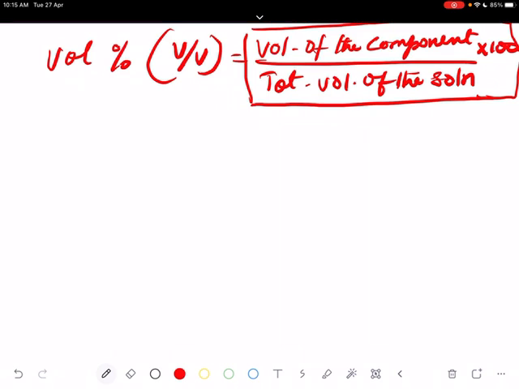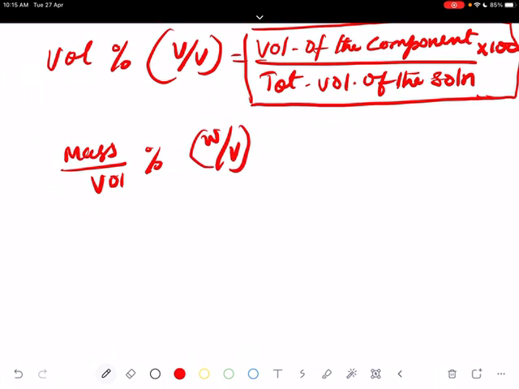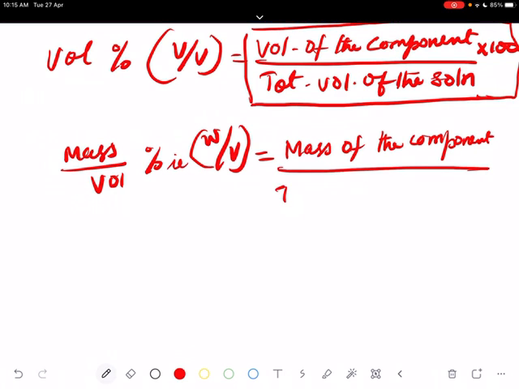Now mass by volume percent. Mass by volume percent, that is W/V, is equal to mass of the component upon total volume of the solution into 100.